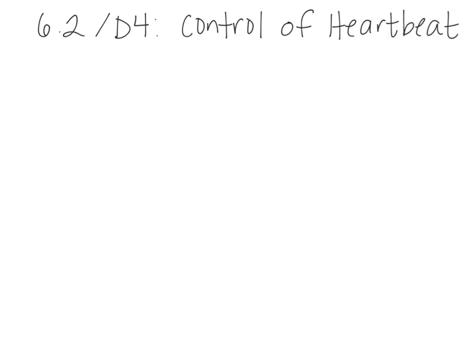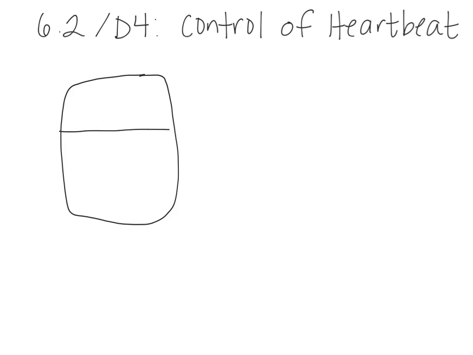Okay, this next topic is control of the heartbeat. Now, you're not going to be asked to draw this. It's just one of those things that's nice to visualize. Again, I'm going to do two types of visuals here. I'm going to do a very bad and very simple drawing of the human heart.